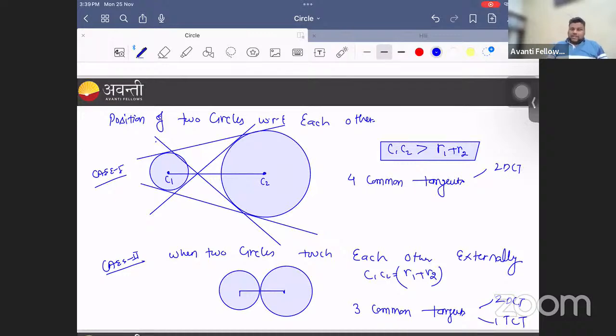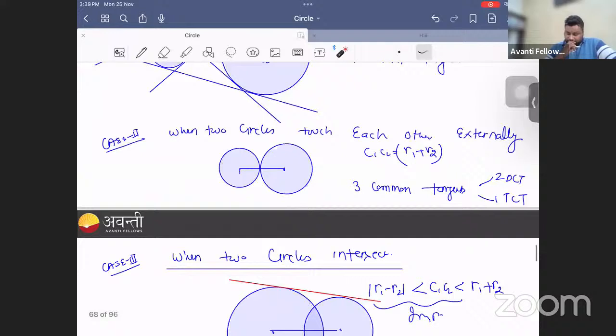When two circles are distant from each other, there will be a total of 4 common tangents, 2 direct and 2 transverse. In that case, C1C2 will be greater than R1 plus R2. When two circles touch each other externally, C1C2 is R1 plus R2. There will be 3 common tangents, 2 direct, 1 transverse.